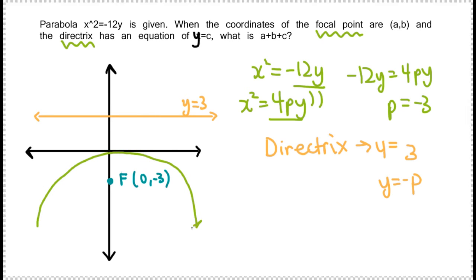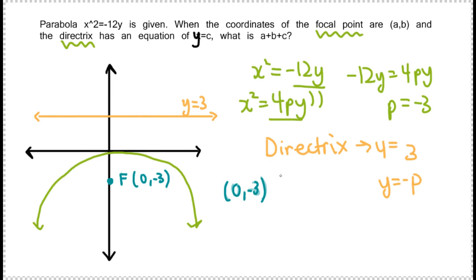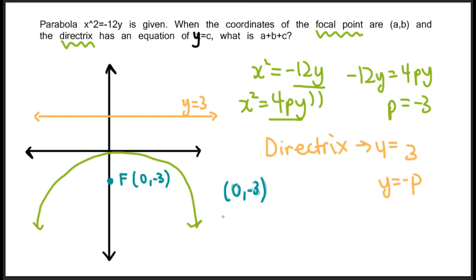Even though you didn't need to find the graph in this particular question, it's always nice to just have some extra practice and draw the graph, because it helps you become better at drawing parabolas. And the focal point was (0, minus 3). And the directrix was y equals 3.